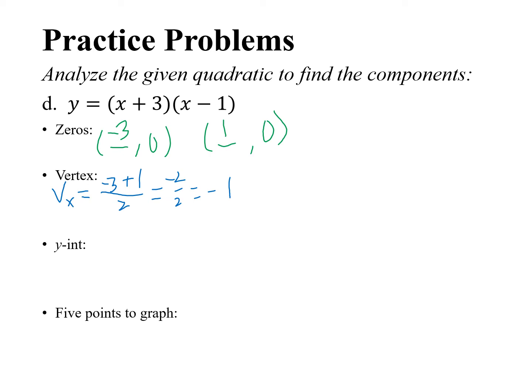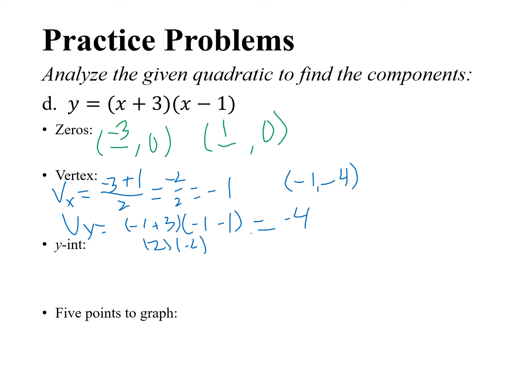To find the y value for my vertex, I need to plug that into my function. And I get -1 plus 3 times -1 minus 1, which gives me 2 times -2. So the y value of my vertex is going to be -4. Positive times a negative gives me a negative. So the ordered pair looks like -1, -4.